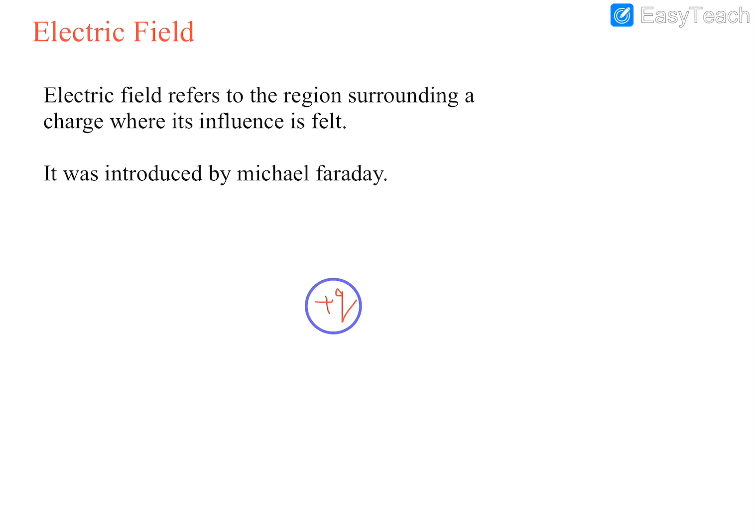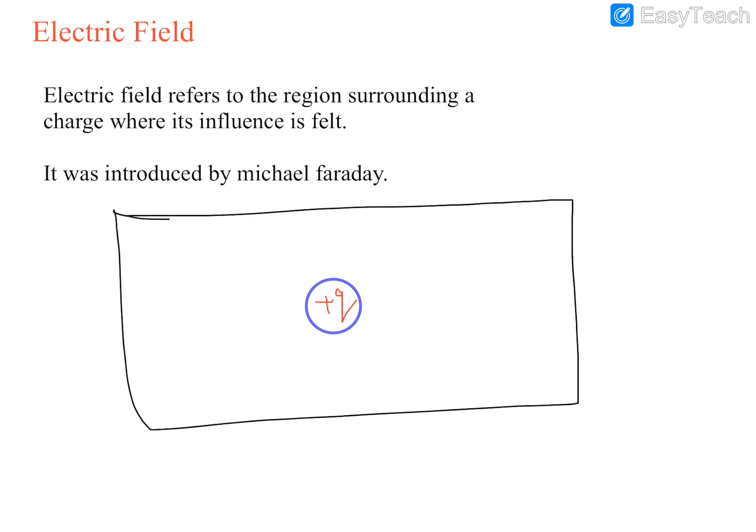Now for the given charge, if this is the region of space where its electric field extends, it means that if you place any charge in this region, for example a minus Q charge here, then the plus Q charge will exert an attractive force on the minus Q charge.